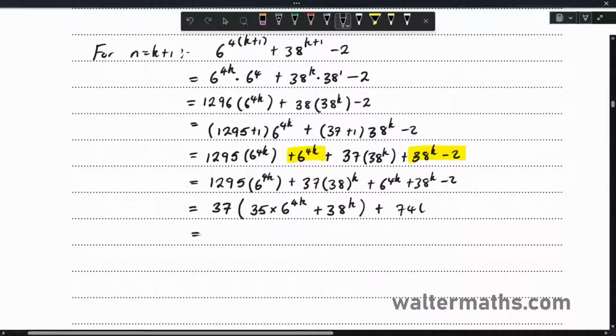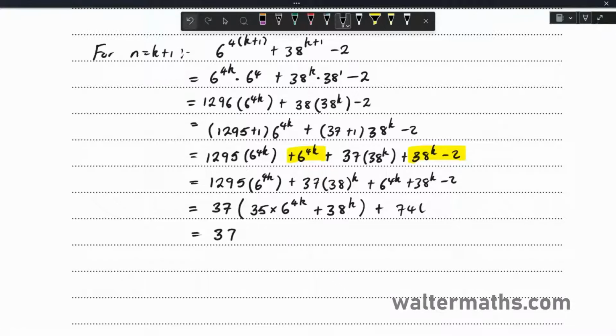Now, looking at this part here, you can see that this term and this term are both even terms. Considering that 6 to the 4k is an even term, and 38 to the k is also an even term, and even terms are divisible by 2. So essentially, it's like we have 37 of a multiple of 2, and a multiple of 2, I'm going to call it 2 of something, 2m. Okay, so let me put it this way.